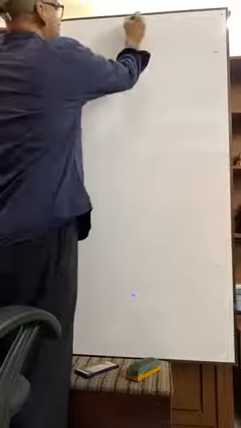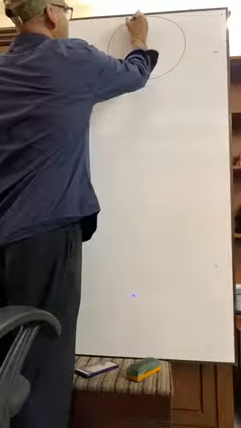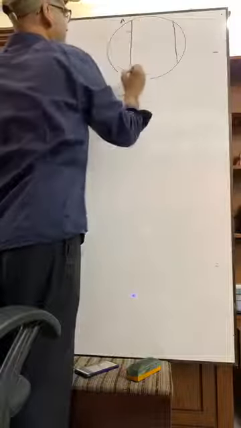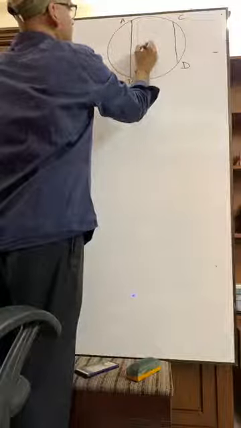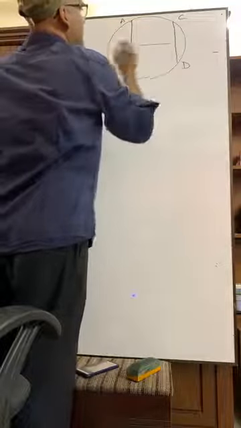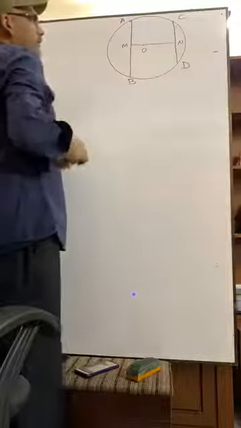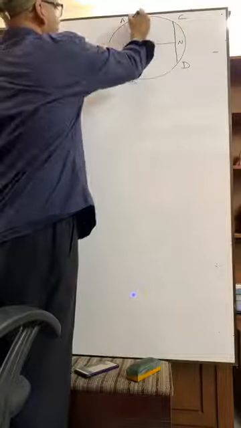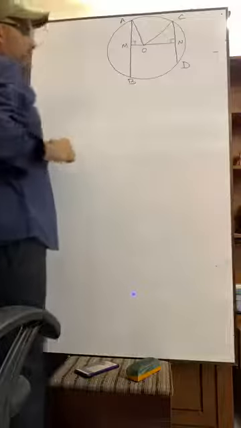Now proof. The same figure: AB, CD, this is the center O, M, this is N. Okay, we have the same figure.